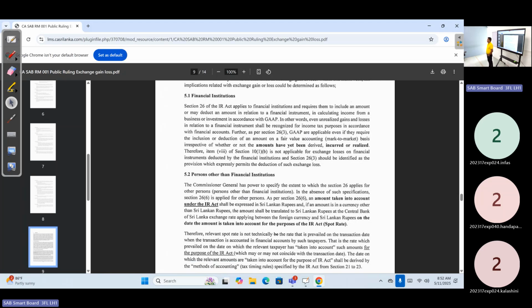So how should that conversion generally be done? We have to use the spot rate, the rate on the day the transaction happens.